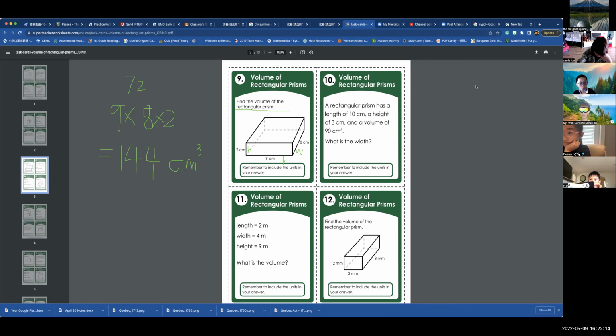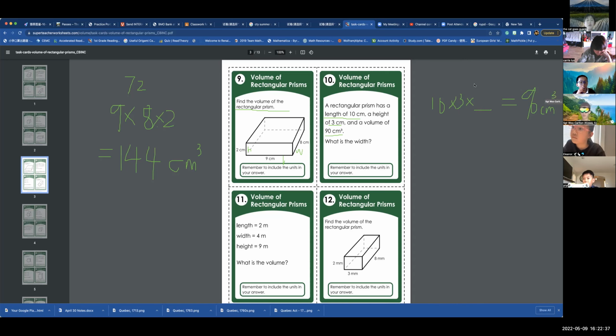Next we have length is 10 cm, height is 3 cm, and we have a volume of 90. So 10 times 3 times something equals 90 cm cubed.